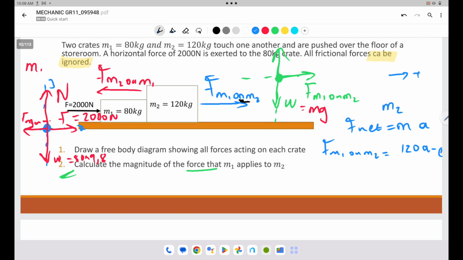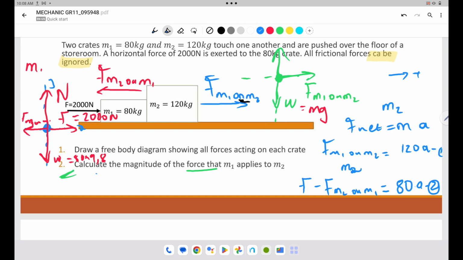For the second one, I'm going to write Newton's second law using M1. If I use M1, I have, from the free body diagram, F in the positive direction minus Fm2 on M1 equals the mass, which is 80, multiplied by the acceleration. This is my equation number two.